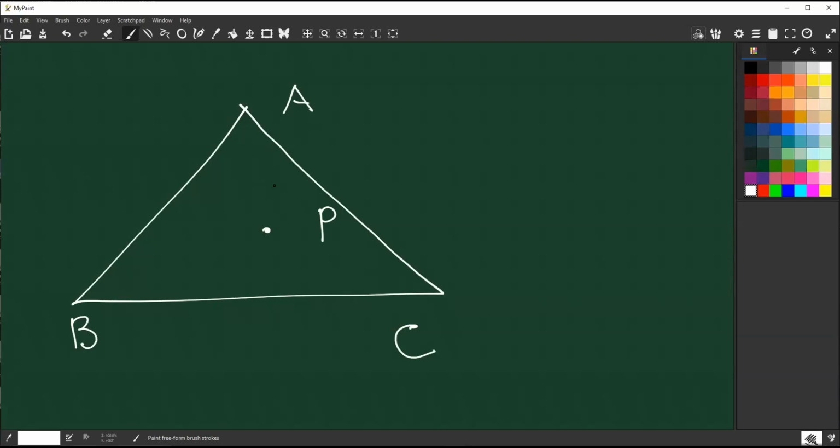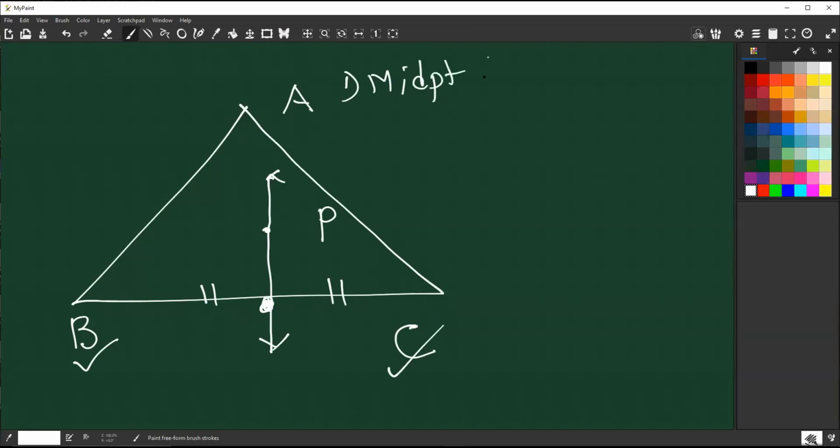Now, if somebody asks you how to get the equation of the perpendicular bisector of BC, how will you do it? You know B, you know C, so you can get the midpoint of BC using the midpoint formula. So first, find the midpoint of BC. Second, find slope BC.